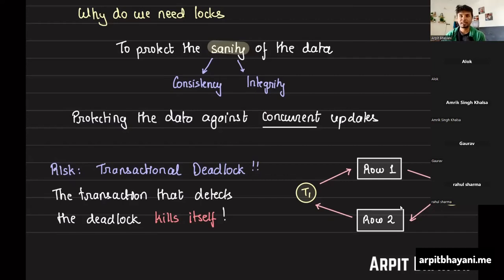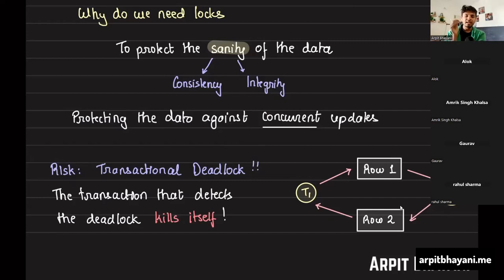They stall your database. If your database goes into a deadlock state and cannot recover, what most popular databases, MySQL, Postgres, Oracle, do is they do not let the database enter a deadlock state.